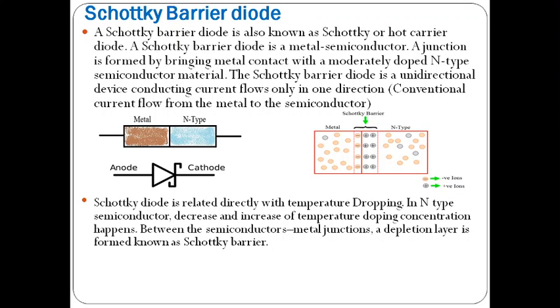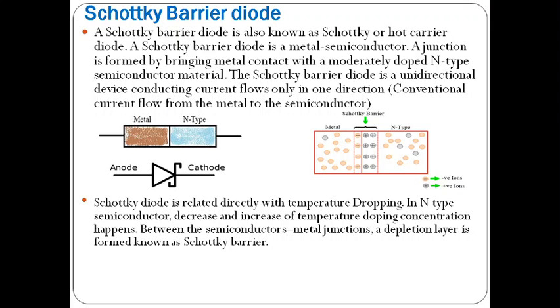So in a normal PN junction diode, or varactor diode, or tunnel diode, in all the cases we consider the junction is formed by using two semiconductors. That means semiconductor to semiconductor junction.